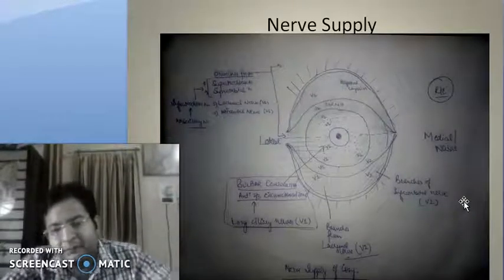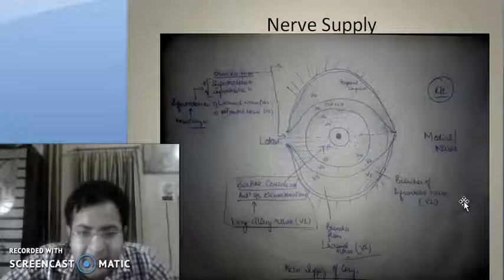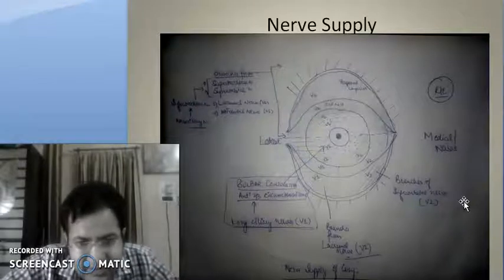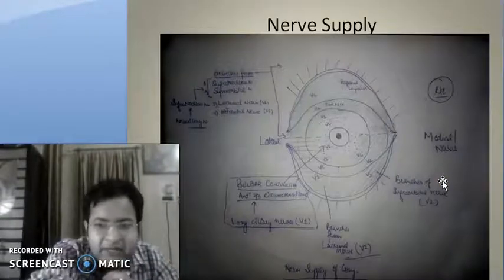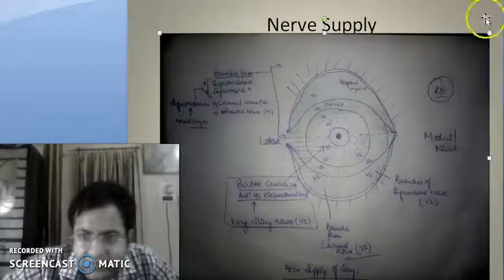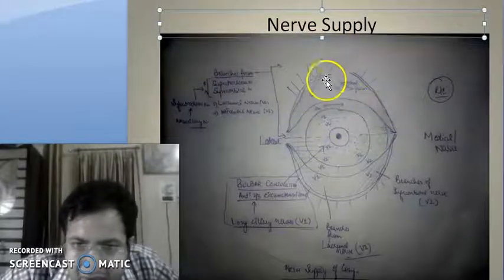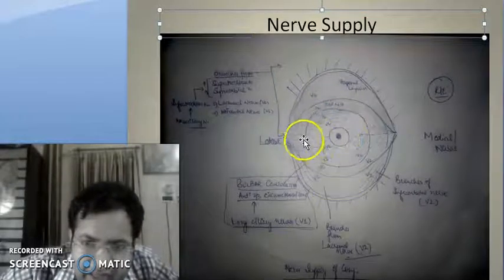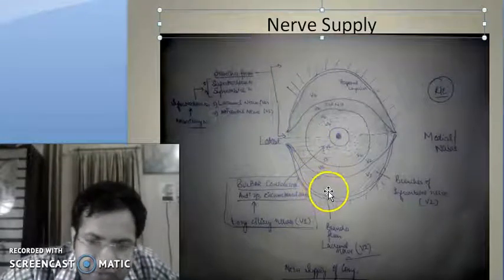So now we see the nerve supply. Broadly, we have to remember that the nerve supply of the conjunctiva is through 2 divisions of the 5th nerve, the trigeminal nerve. The first division, the V1, supplies most of the conjunctiva, the superior whole of the conjunctiva along with the palpebral conjunctiva, and the lateral half of the inferior conjunctiva, both palpebral and bulbar, is supplied by the V1 division of the trigeminal nerve.